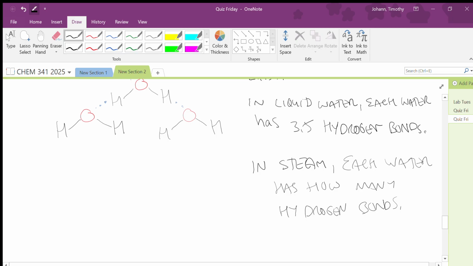What happens to my water molecules? My water molecules in liquid water are like this. In ice they are like this. In liquid water, they're like this. What happens to my water molecules in steam? They go way apart. So how many hydrogen bonds? 0, right.